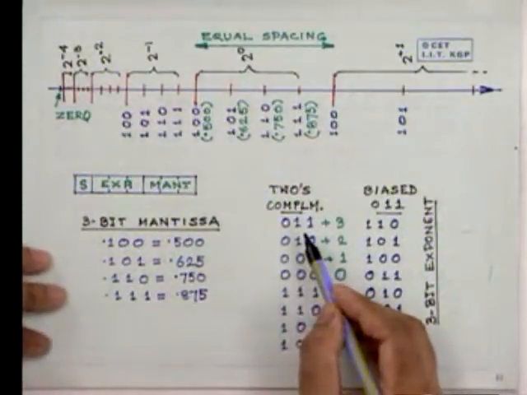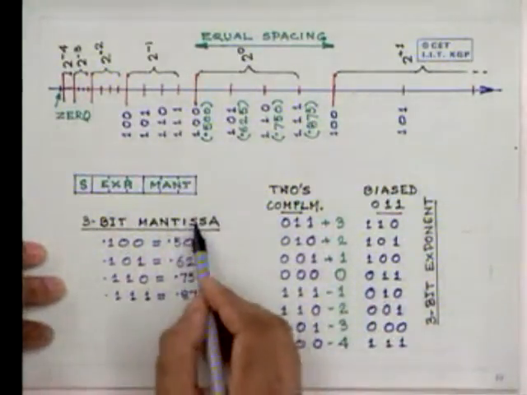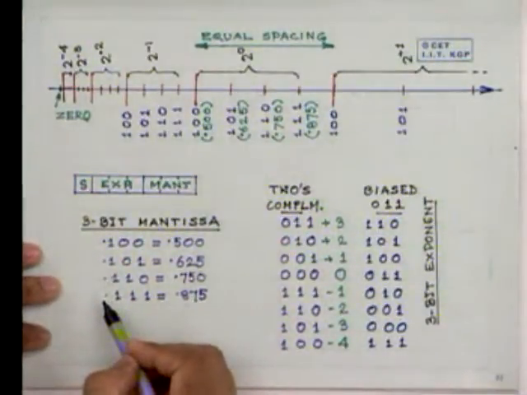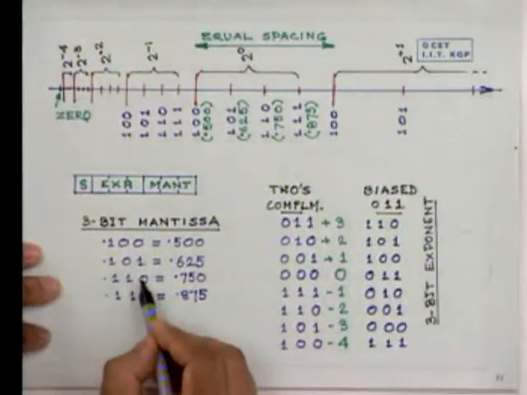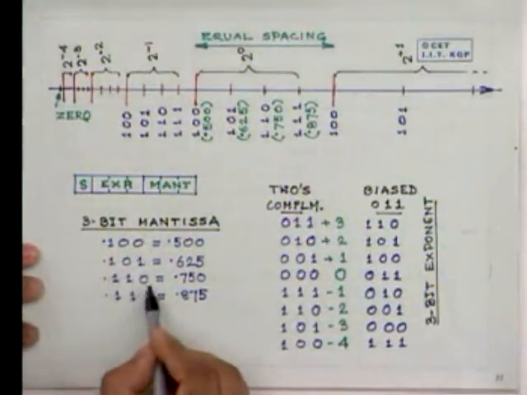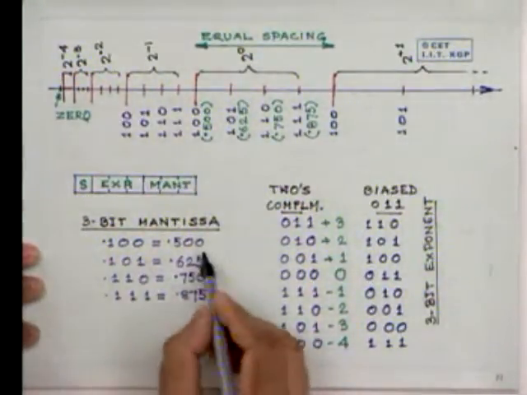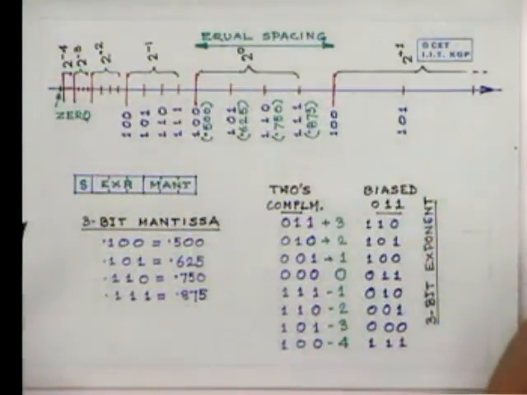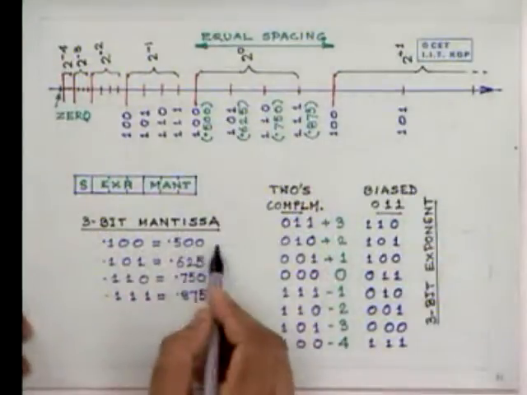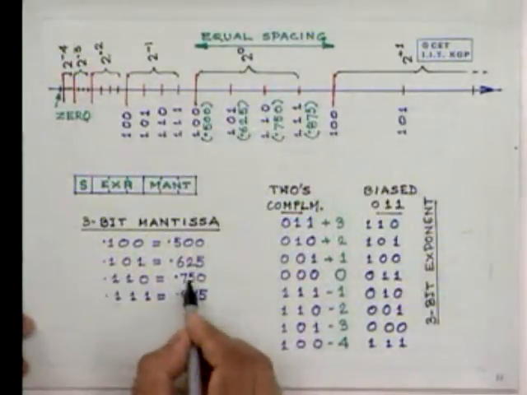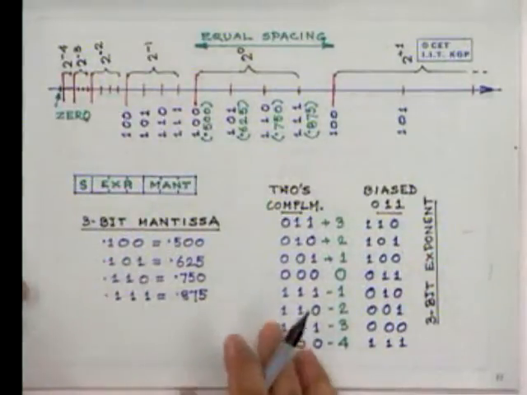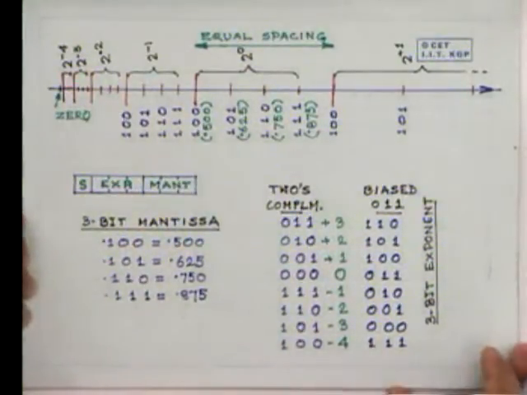You see that with a 3-bit mantissa, if the most significant bit has to be 1, then there are only 4 patterns that we can represent for the mantissa. The corresponding decimal values have been kept here: 0.5, 0.625, 0.750, 0.875. These are the only 4 representations we can have, right?